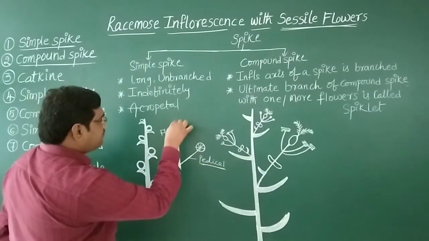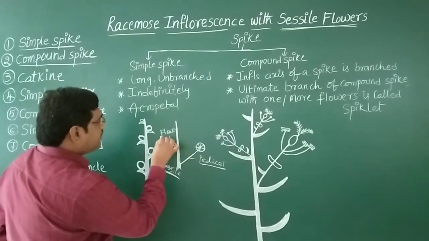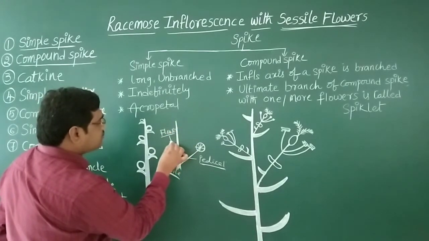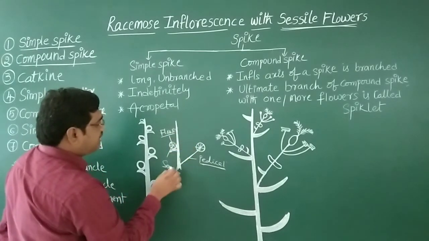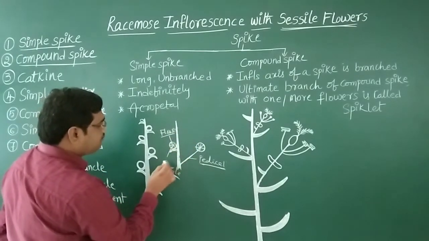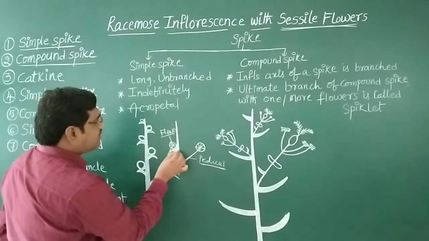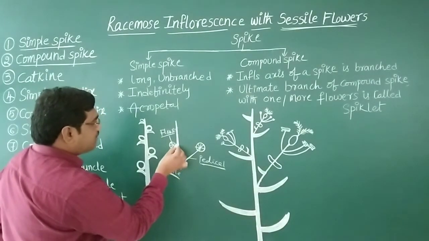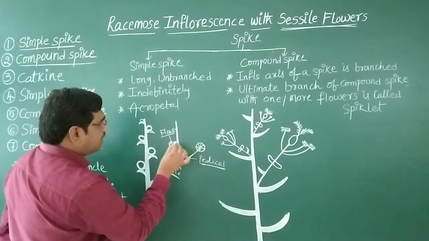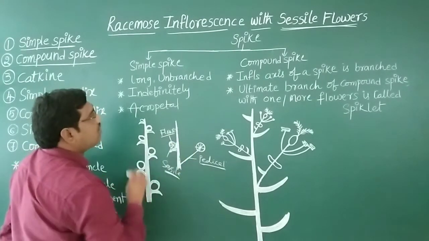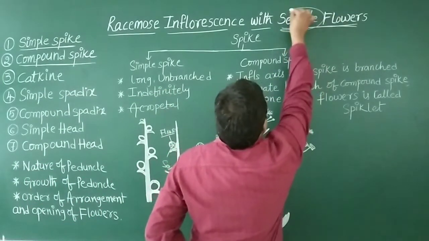Next, in some plants the flowers are directly attached to the peduncle at the axil of a leaf-like structure called a bract. This type of flower is called a sessile flower.